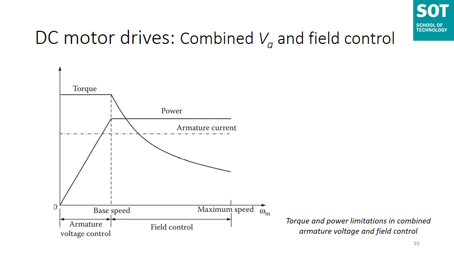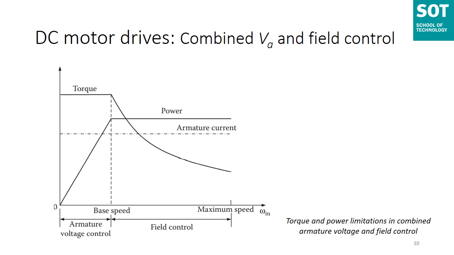Now let us look into a method of control which is called the combined armature voltage and field control. Why do we have this? Because the independence of armature voltage VA and the field provides more flexible control of the speed and torque than other types of DC motors.